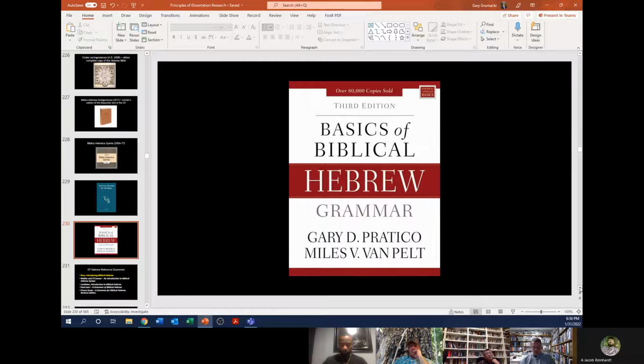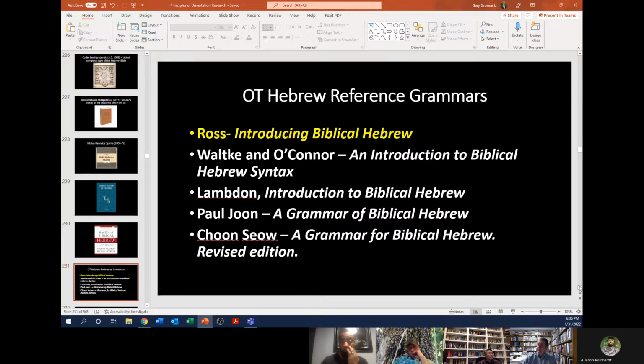Now, as we get into the grammars, Pratico and Van Pelt, the third edition here, Basics of Biblical Hebrew, has been sort of a standard Hebrew grammar, but there are others.